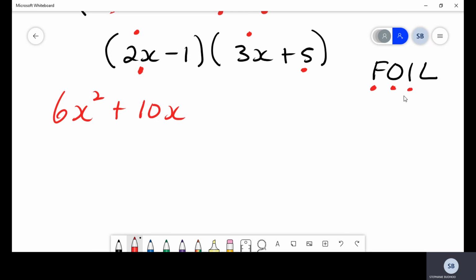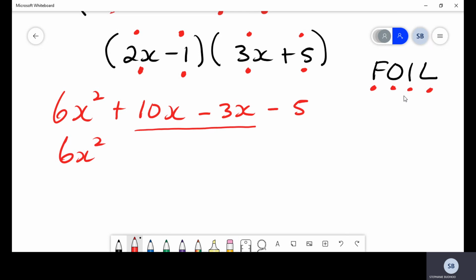Then we have our inner terms, which are negative 1 by 3x. That's going to give us minus 3x. And then finally, our last terms, which are negative 1 by 5, give us minus 5. Grouping together our like terms at the center gives us positive 7x, and we bring down our minus 5.